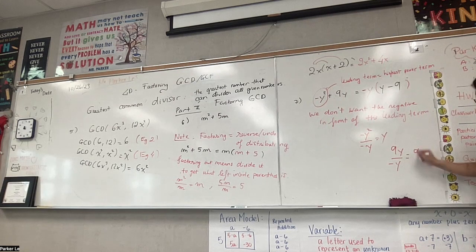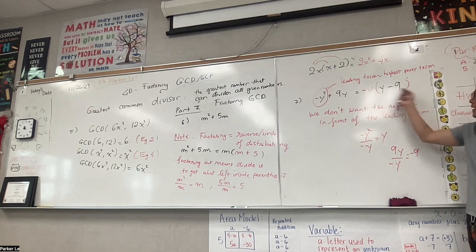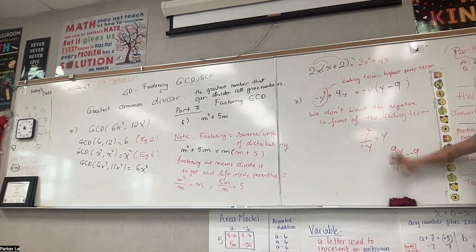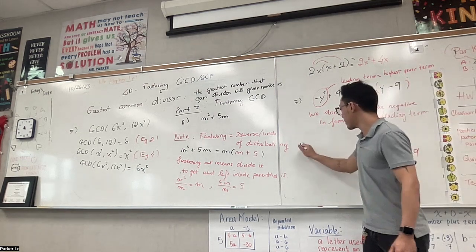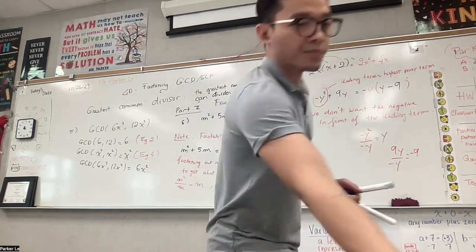The number is still there. y divided by y is 1, gone. So it's negative 9. Or if you see the negative, just flip over the sign. Flip over the sign. Yeah, very good. So number 8, note the symbol for this part.